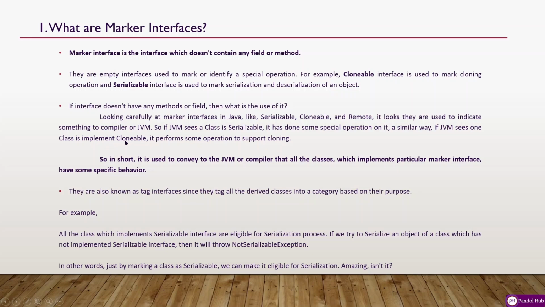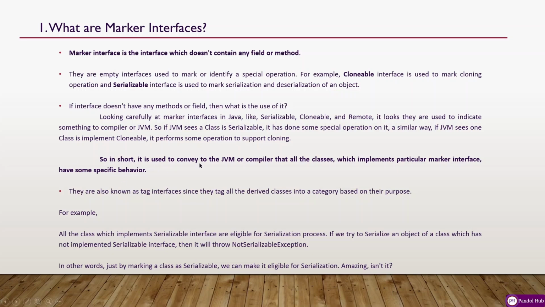So what happens is, if you have a class which implements a Cloneable or Serializable interface, the JVM identifies that your class is implementing it, and at the back end does some special operations so that your class is eligible to serialize your objects or clone your objects, depending upon the interface you have implemented.